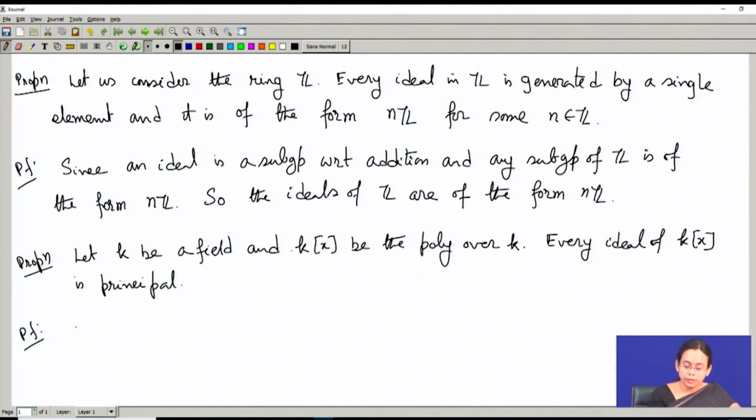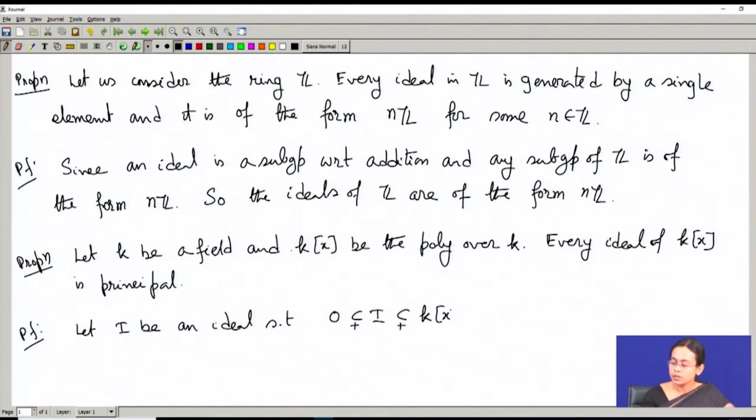So let I be an ideal such that I is a proper ideal, that means it is not the 0 ideal and not the whole ring.